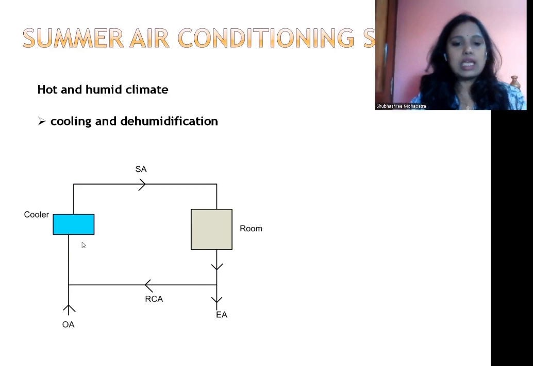This recirculated air will mix with some portion of the outside air, and together they will go through the cooler. This cooler might be the evaporator coil of a vapor compression refrigeration system. When the air passes through the cooler, its temperature will decrease, and simultaneously dehumidification occurs. So this cooled and dehumidified air will be supplied to the room again.